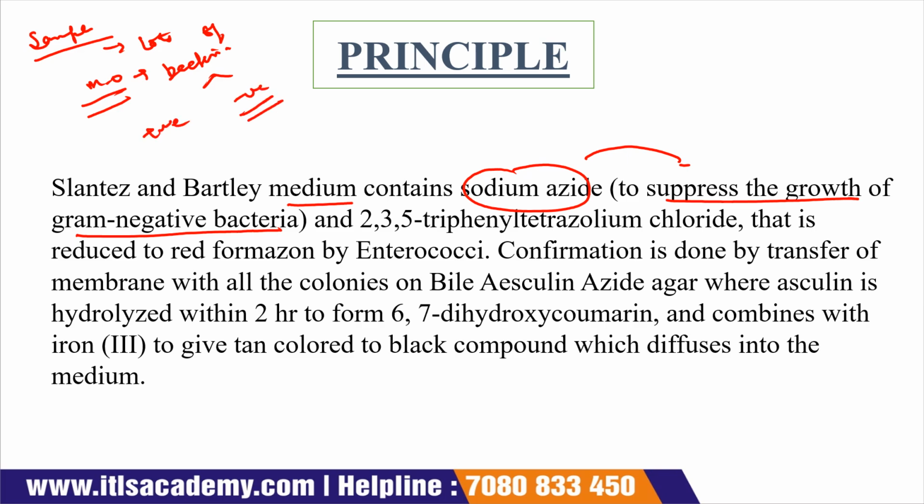So when we perform a test and we use our Slanetz and Bartley medium, it contains sodium azide, and this sodium azide suppresses the growth of the gram negative bacteria.